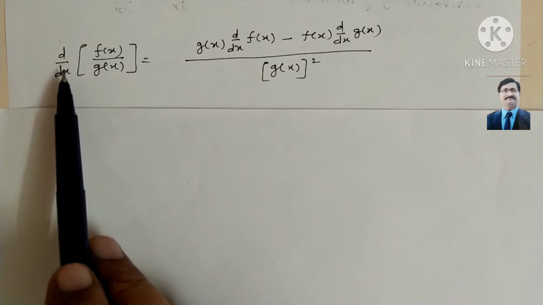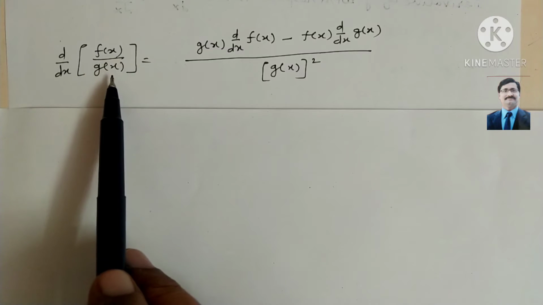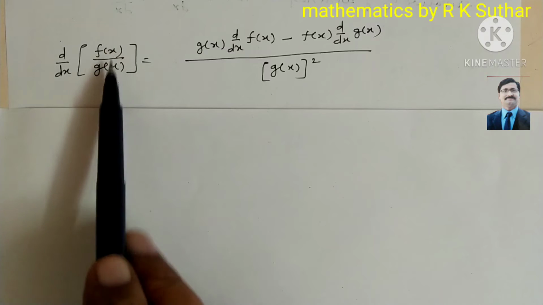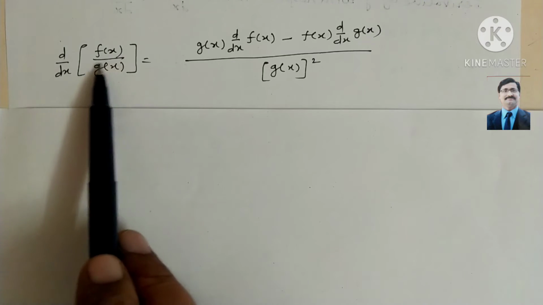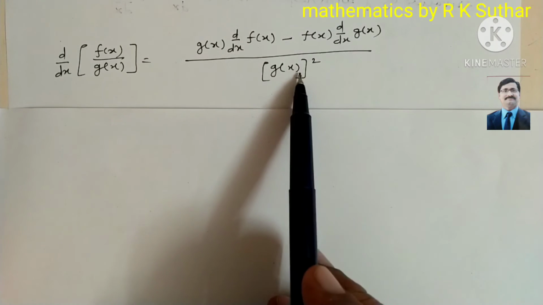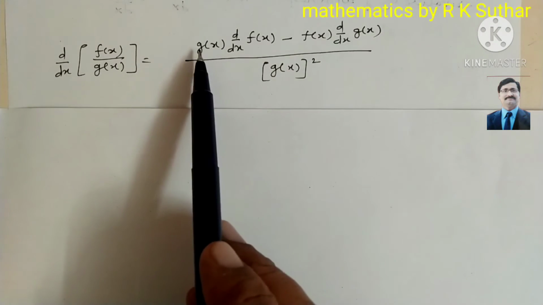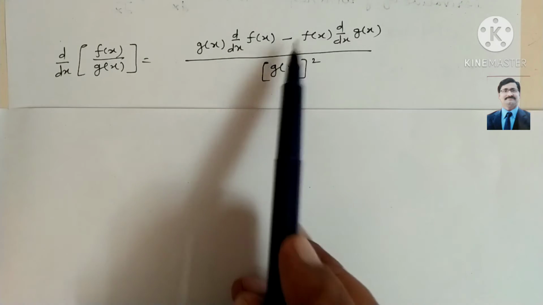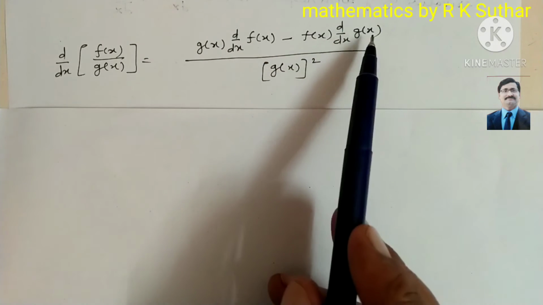Now you check the differential of f(x) upon g(x). Divide d by dx of f(x) upon g(x). If you have a division, first you take the square of the denominator g(x) and keep it in the denominator. In the numerator you will have g(x) as it is and the differential of f(x), minus f(x) as it is and the differential of g(x).